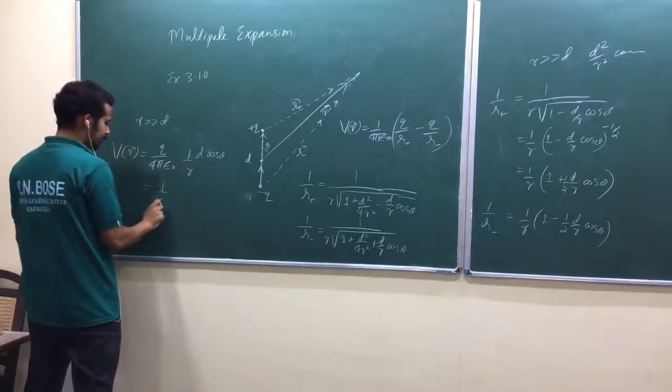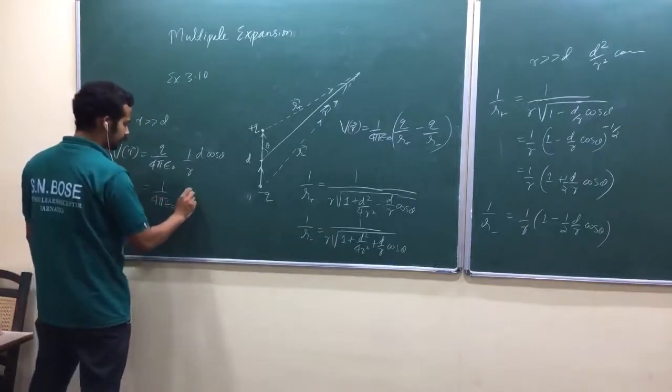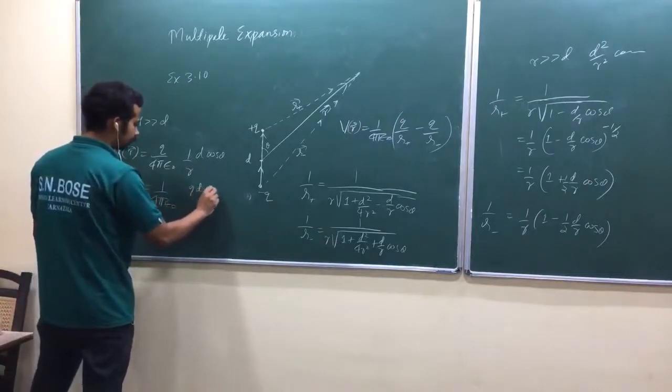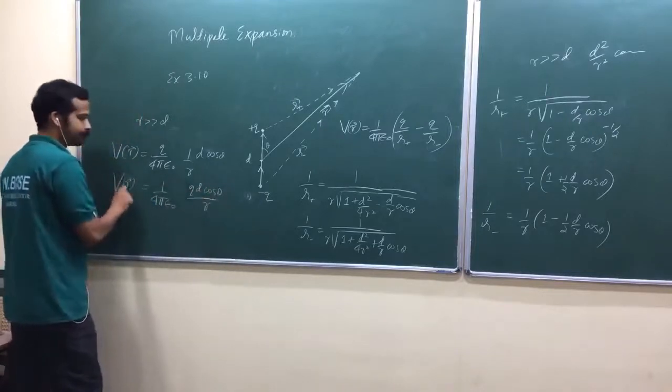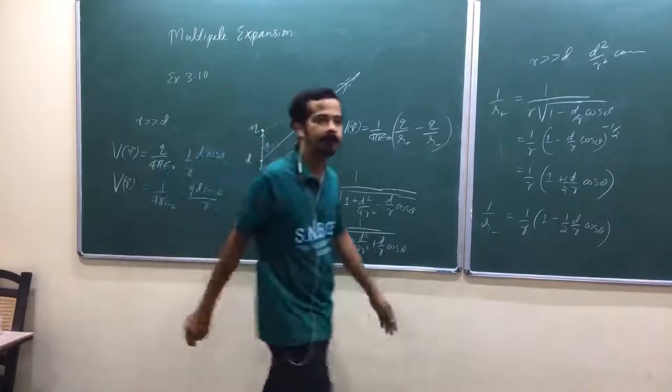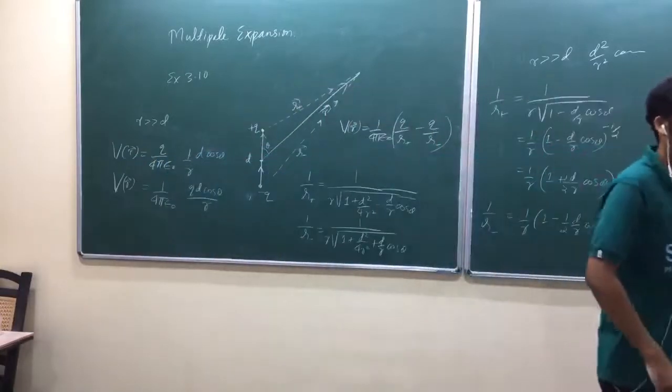We write it like this: 1 by 4 pi epsilon naught q d cos theta divided by r square at very large distance. What would you observe?